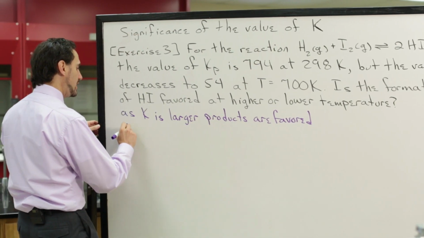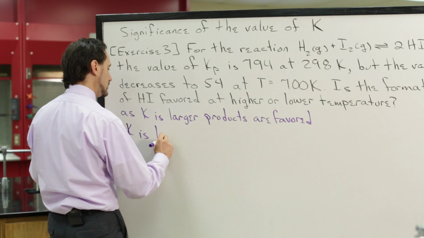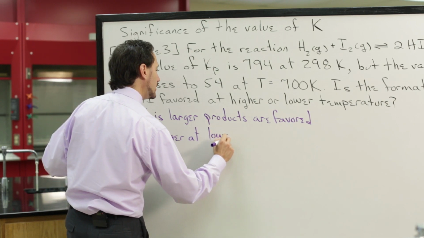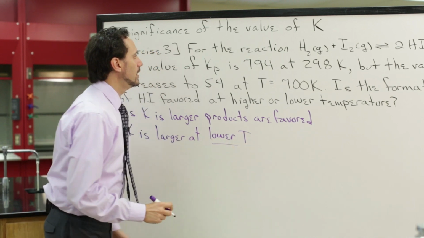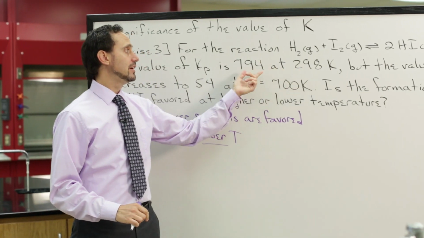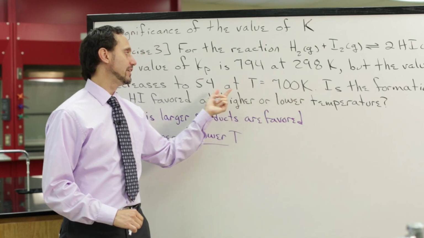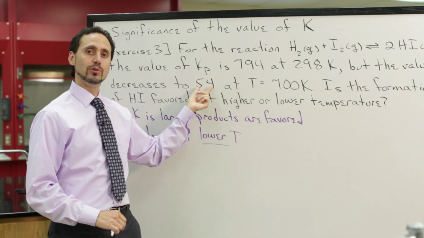We see that K is larger at lower temperatures. At 298 Kelvin, our equilibrium constant was 794. At 700 Kelvin, our equilibrium constant is 54.